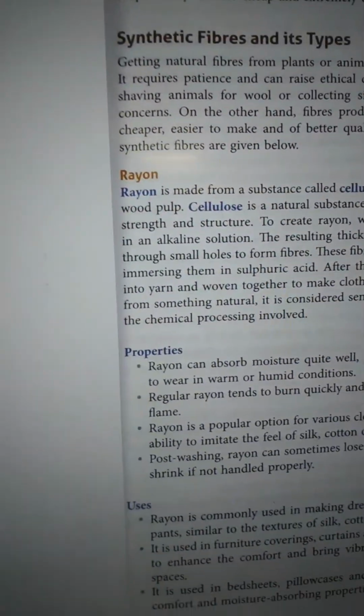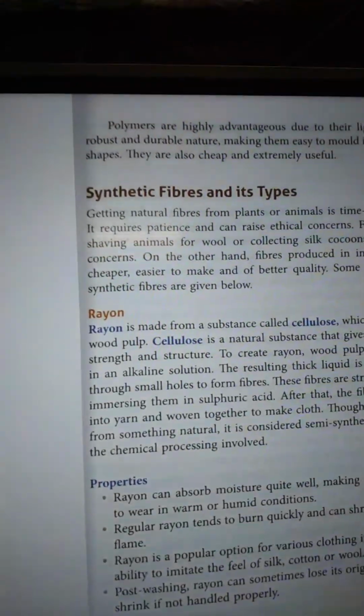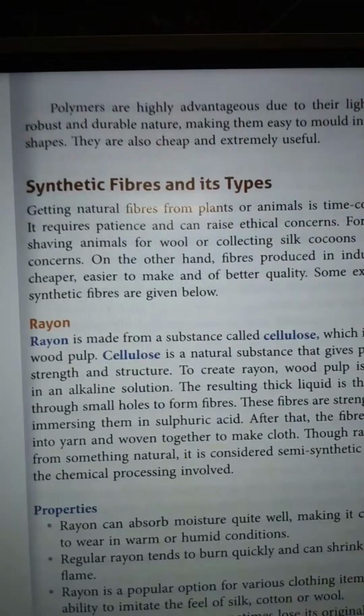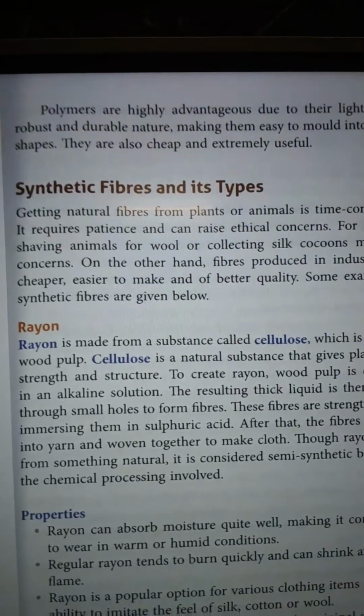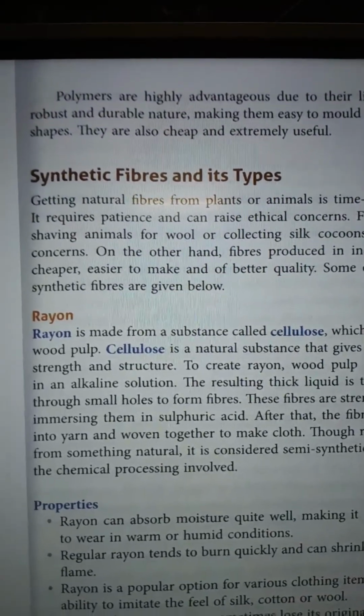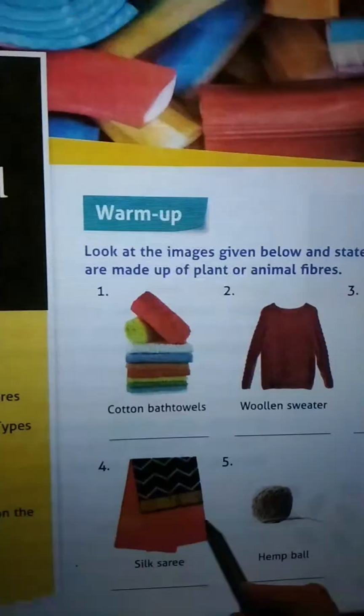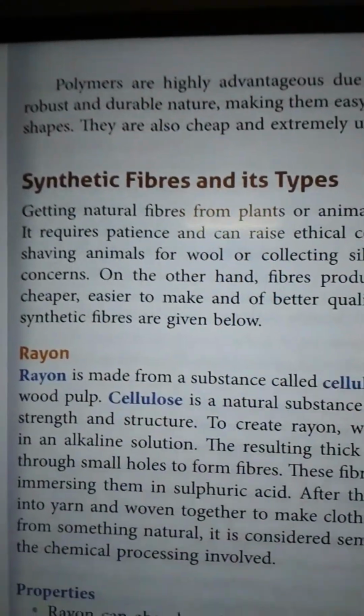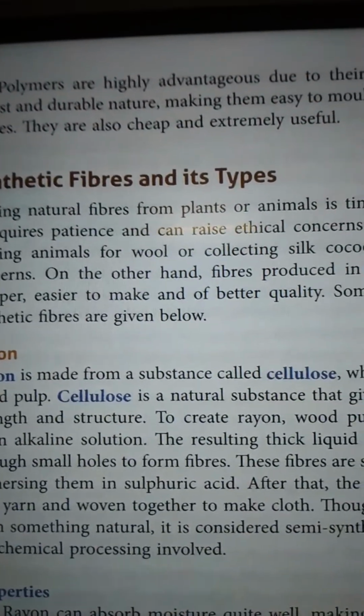Now the first part, polymers. Polymers are highly advantageous due to their properties, and the chapter is dealing with synthetic and natural fiber. So it is starting with what is synthetic fiber and its types.